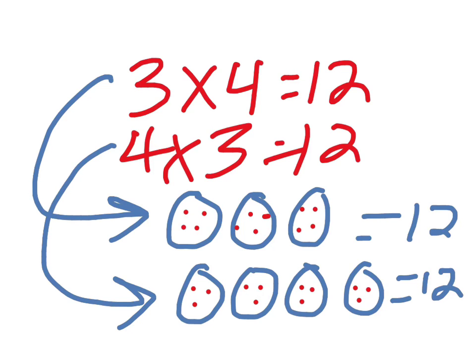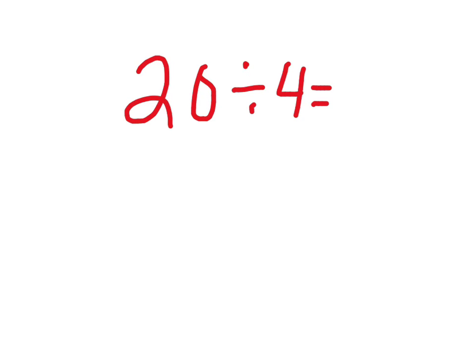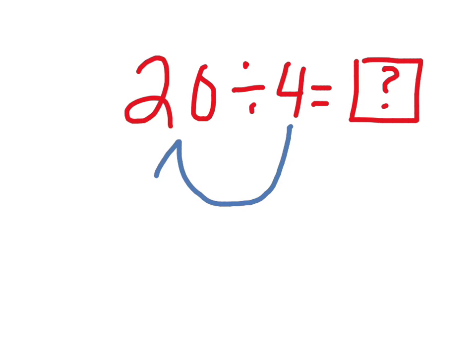Last thing that I want to talk about with this is if we look at division. We're going to be talking about division a lot more in these next coming weeks. But if we have 20 divided by 4 equals an unknown number, really all we're looking at is how many times can I take this 4 and count by it until I get to 20.